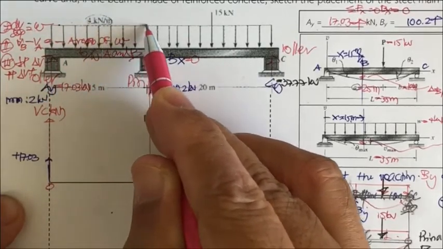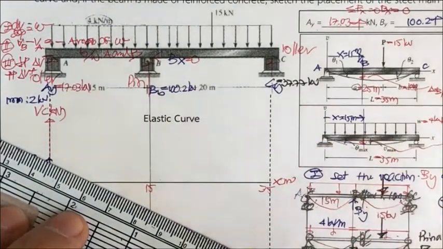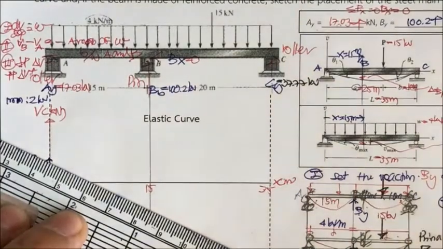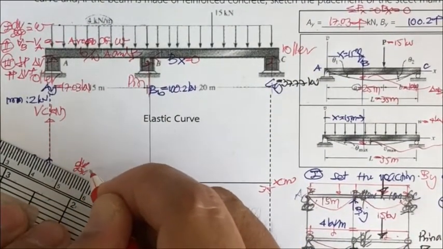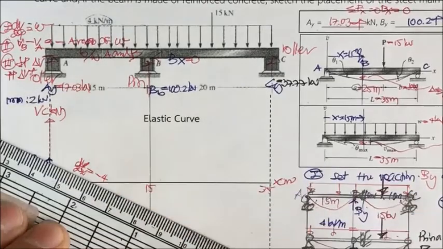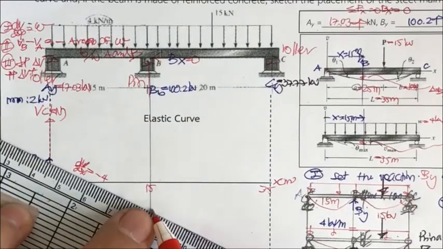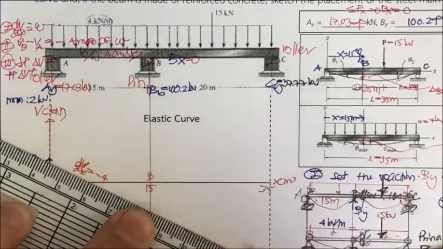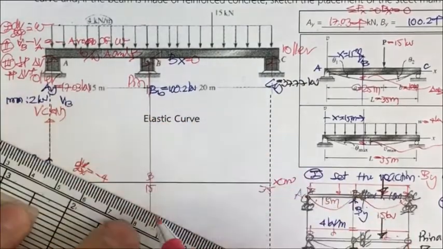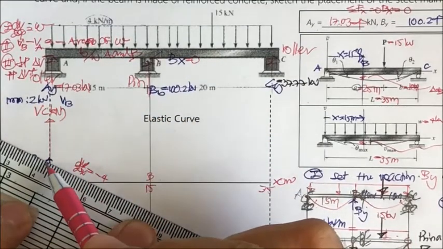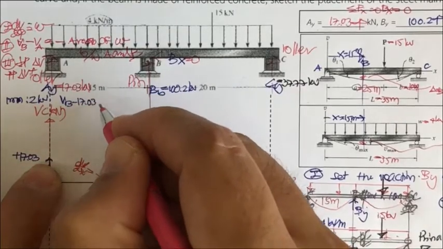all from A to B. So this one going to be minus 4. The dV by dx is going to be minus 4. And what is going to be the value of this? This is point B. We're going to have what? V sub B here, minus this one, minus 17.03.